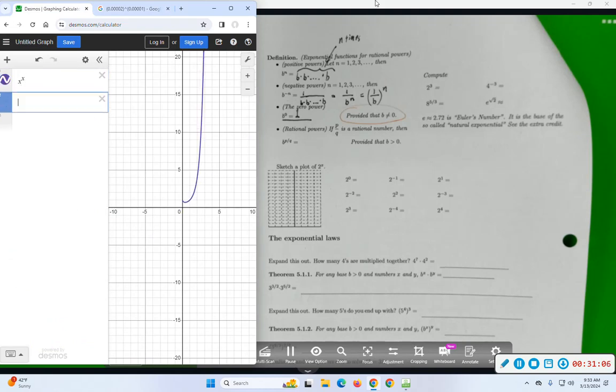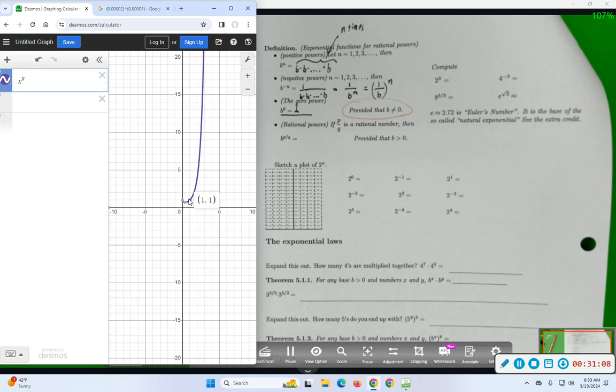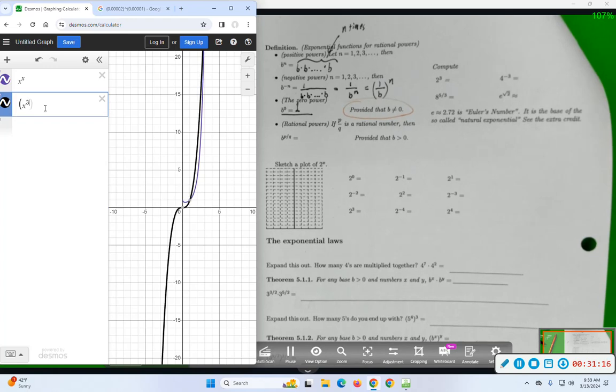So the idea is that there's the graph of x to the x, so when you get close to 0, it should be getting close to 1. You see that from the graph. But I'm getting lost on this tangent, which is not relevant to us right now.